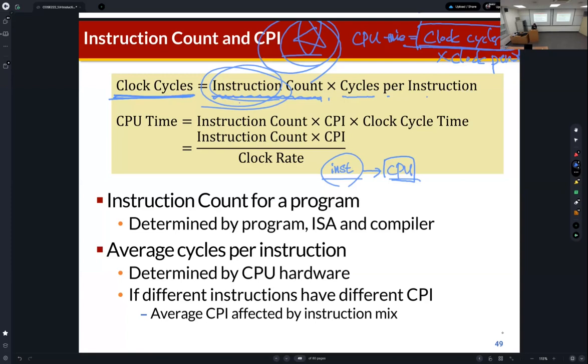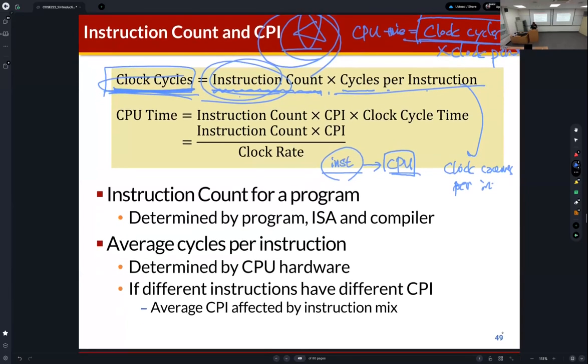Again, it means clock count can be represented using instruction count and the average number of clock cycles per instruction. So cycles per instruction represents the required clock count per instruction, the count required by one instruction.